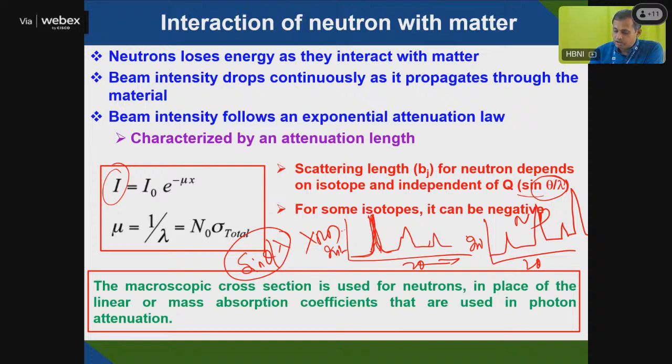But in neutron, the scattering length is independent of the Z value. So even hydrogen or zirconium, if you compare, the scattering lengths do not depend upon the Z value. Because of that, the peak intensities are random. In case of X-ray, the peak intensities linearly decrease. That we will discuss in detail.